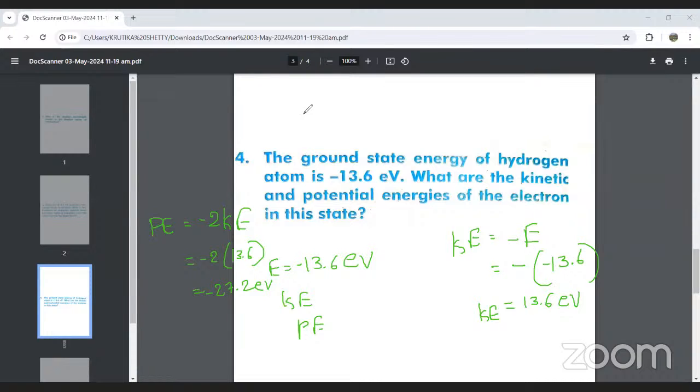I told you when explaining the theory that total energy and kinetic energy relation: the kinetic energy is minus of the total energy. And the potential energy is minus 2 times the kinetic energy. We have discussed this already. If you want, you can write it now.